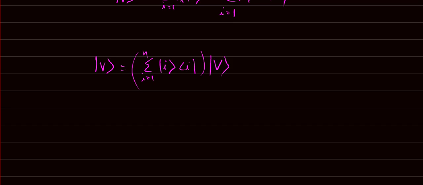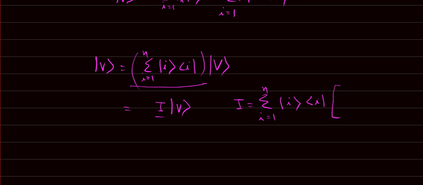So what does it mean that this whole thing just represents our I? So I, the identity operator, can be written like this. First we have to take the bra vector, then the ket vector. This relation is a special relation. It has a name.